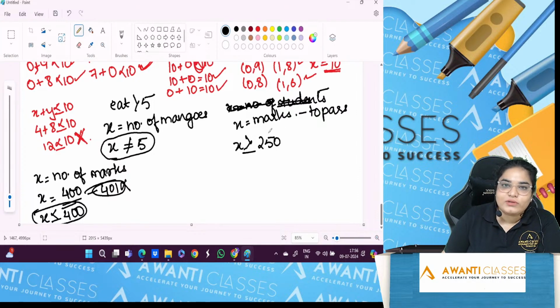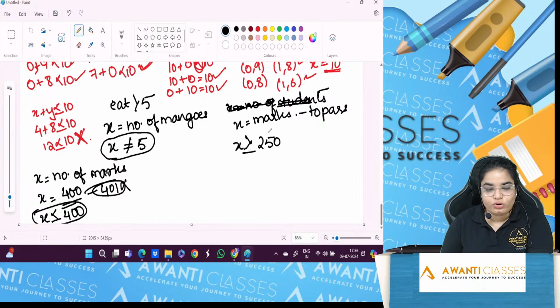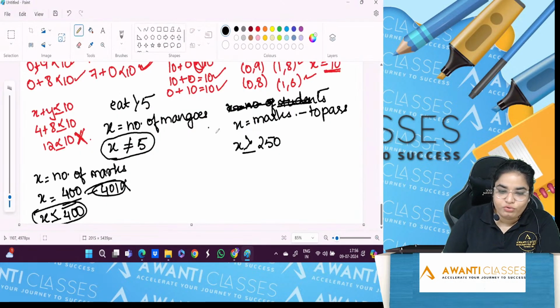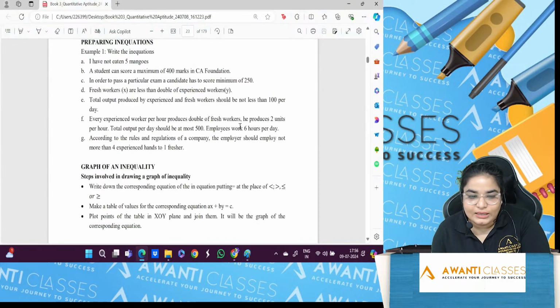If they score 250 also, they will pass, but minimum 250. So it has to be greater than or equal to 250. Okay, let's look at D.